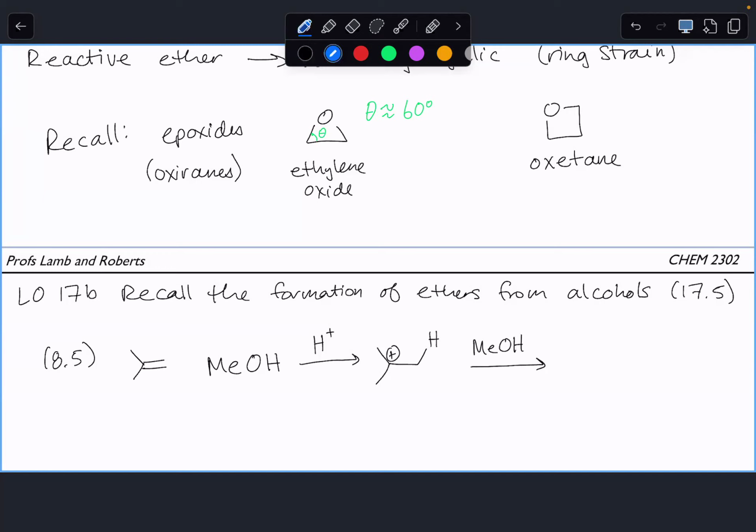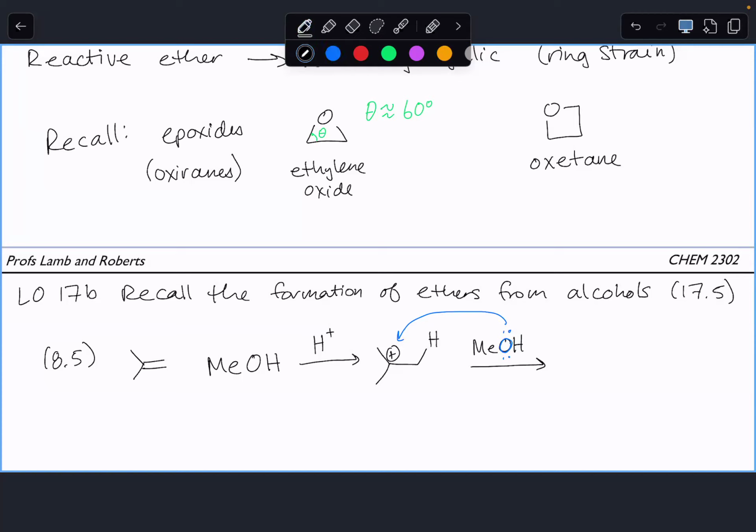And then the oxygen on our alcohol is nucleophilic. So oxygens on alcohols are somewhat nucleophilic, whereas ethers are not. And we're going to quench that positive charge by attacking.